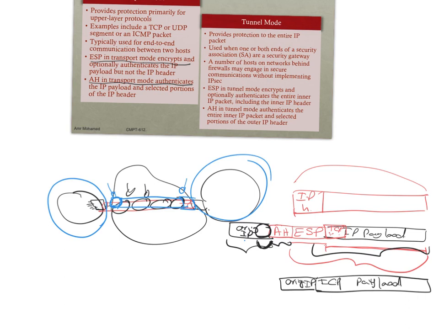And then after this, we add the ESP and optionally the AH, which means for ESP, all this part is going to be encrypted, including the original IP header. Okay? So the intermediate routers will not see the original source IP and destination IP. They will not see it. Is that clear? Okay? But they need some kind of IP for routing, right?